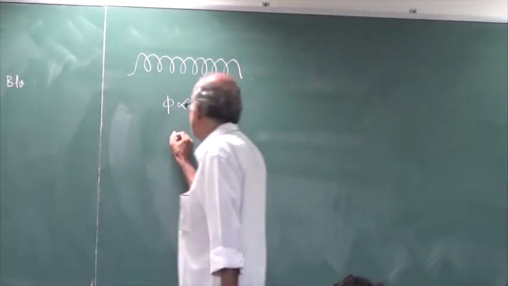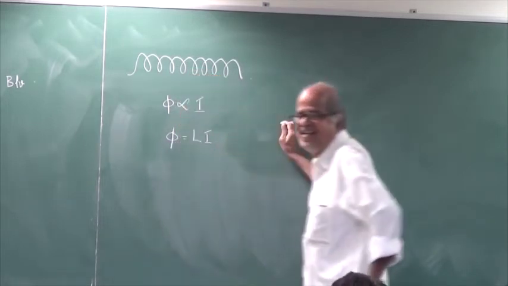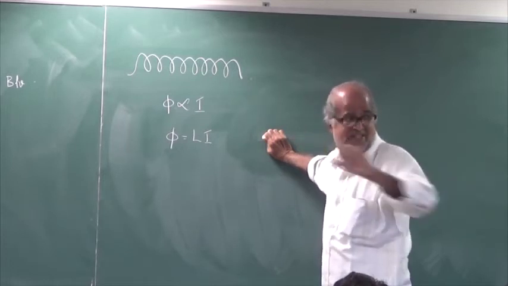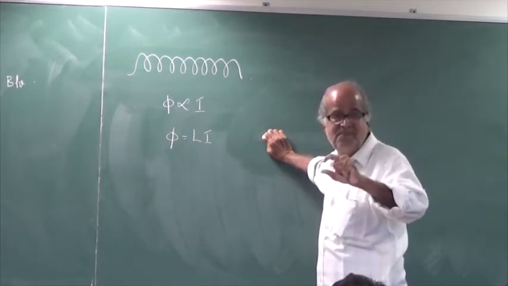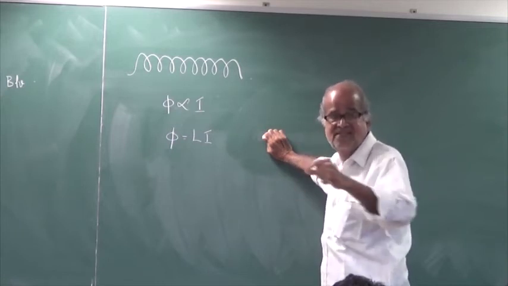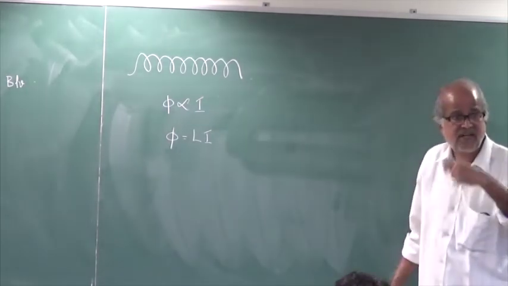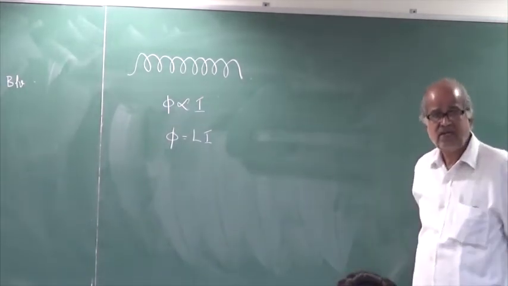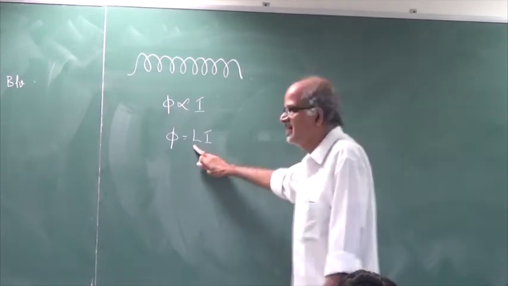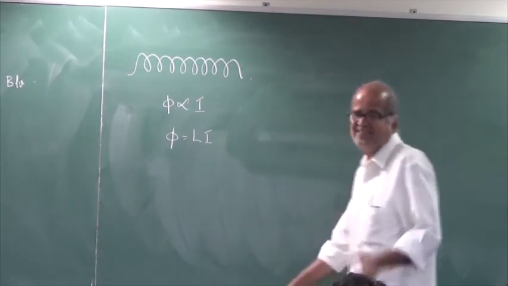Which means flux is equal to some constant times I, where that constant depends upon the geometry of the coil as well as the permeability of the medium over which the coil is wound. For example, if it's an air core coil, it will have some value. If it is wound on a soft iron core, it will have a large value of L. Remember it. This is what we call the self-inductance of the coil.